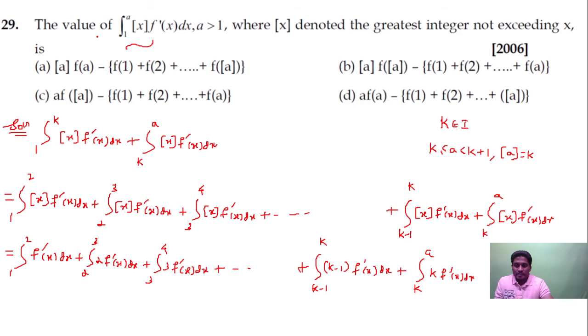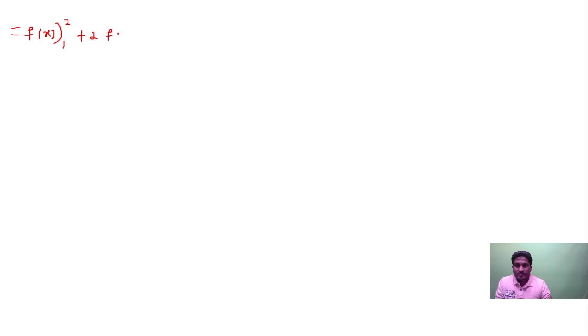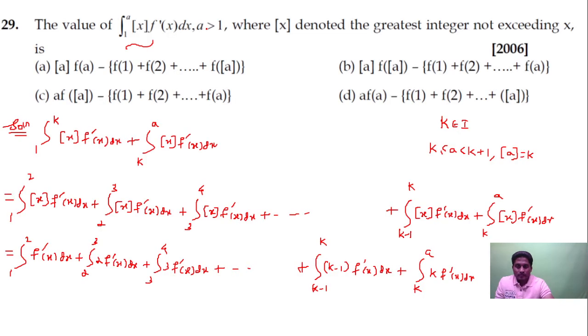Integration of f dash of x is equal to f of x, between the limits 1 to 2, plus 2 times integration of f dash of x, which is f of x, between the limits 2 to 3. Plus 3 times integration of f dash of x, which is f of x, between the limits 3 to 4, and so on.